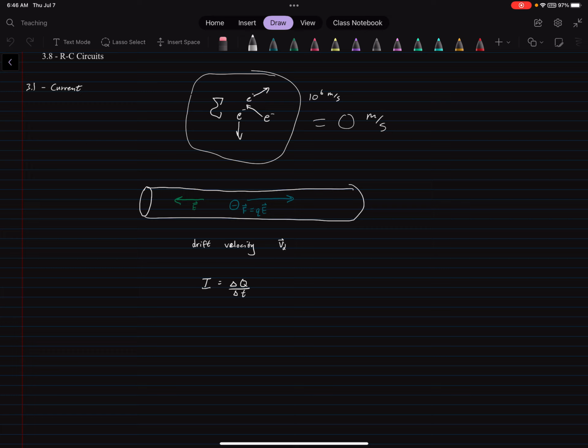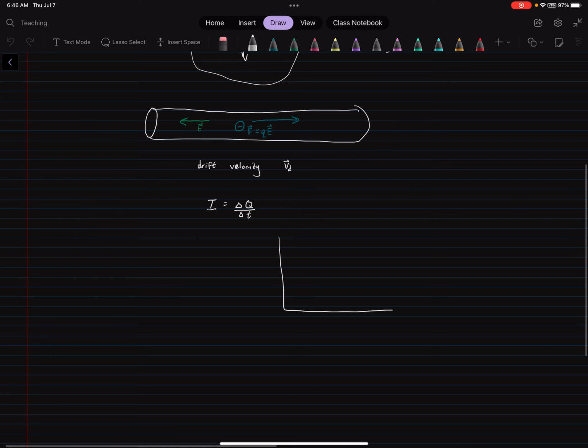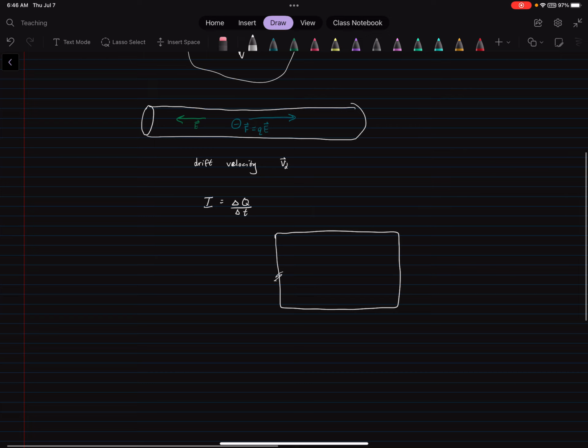That being said, we do oftentimes describe the direction of current in a circuit overall as clockwise or counterclockwise around a circuit, right? So if you have a circuit like this, just a wire in a loop, with certain components on the circuit, you might say that the current is going in this counterclockwise way or clockwise way. So that's about as far as we go for direction of current.